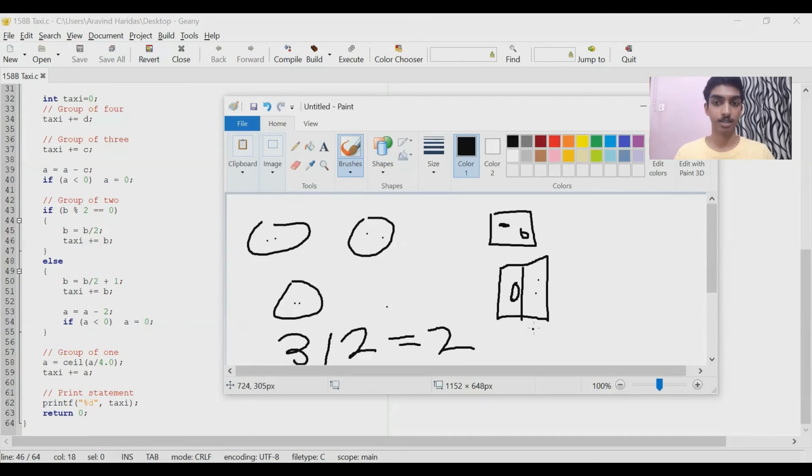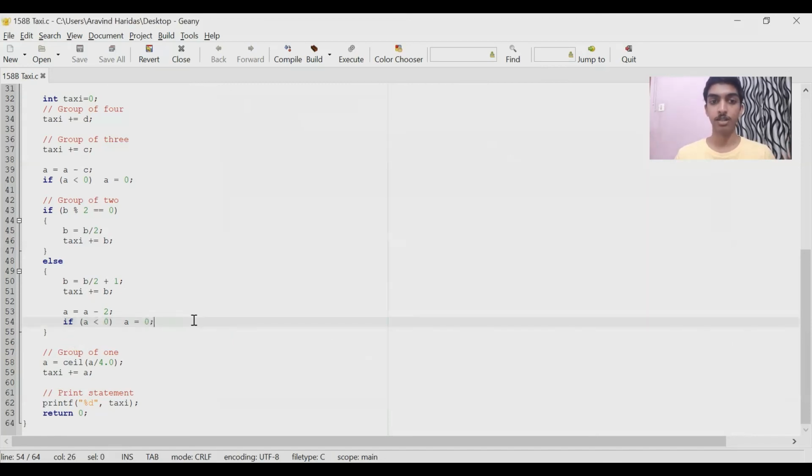This is the ceiling function. So you take the ceiling of B divided by 2 and add it to the total number of taxis. Then you subtract 2 from A, since those two people squeezed in with the third group. And if A is negative, you just make it 0.